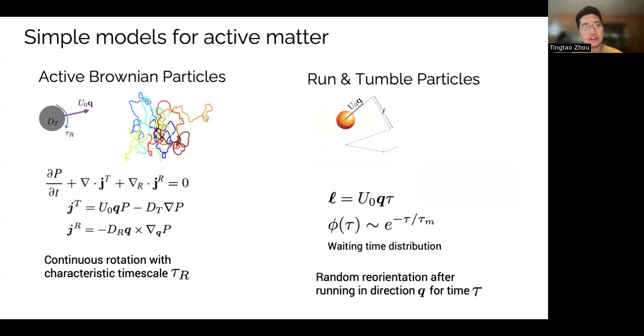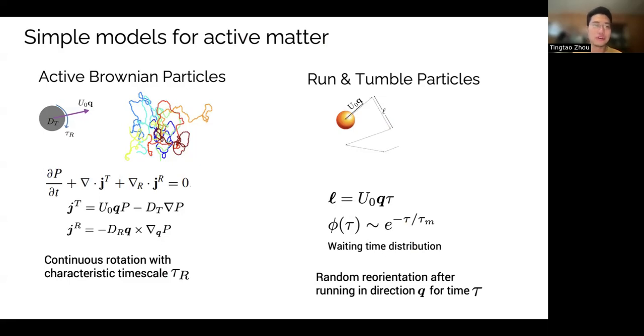Okay, let's talk about first some very basic models in active matter. I would consider these two the simplest models to model active matter, right? On the left, you're looking at so-called active Brownian particles. An active Brownian particle is simply a sphere that propels itself along a direction q at a constant velocity u naught, right?